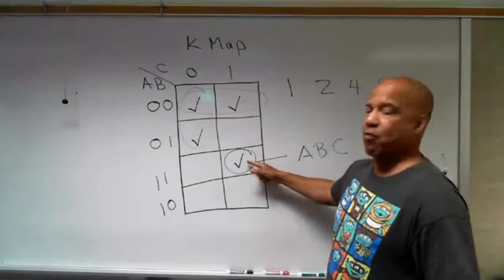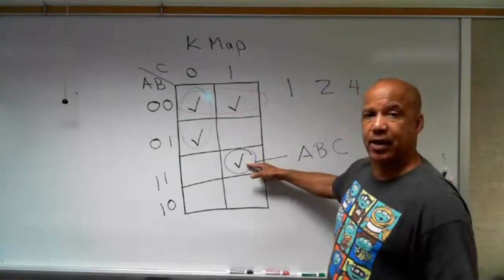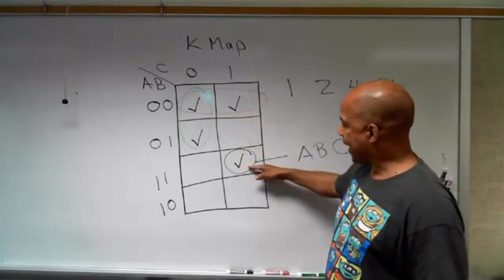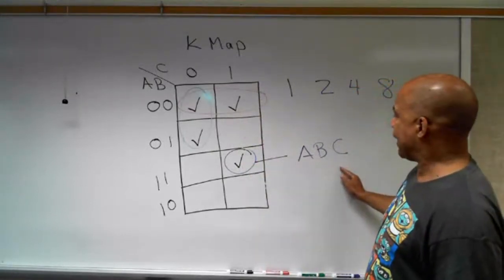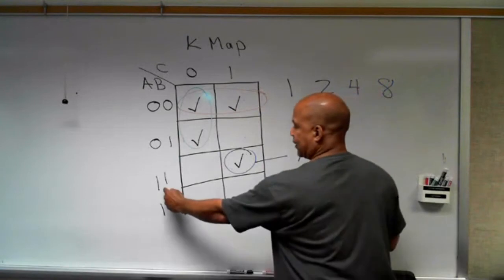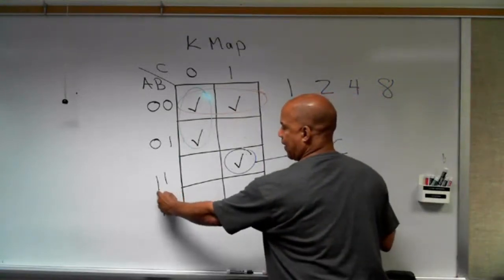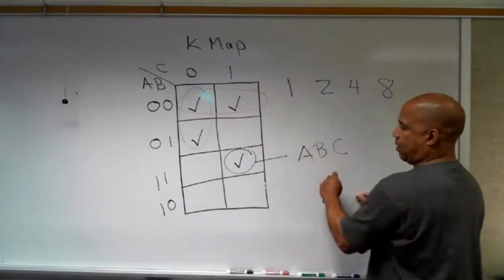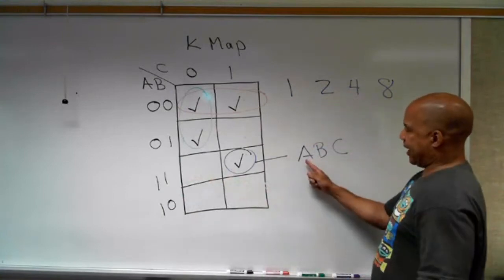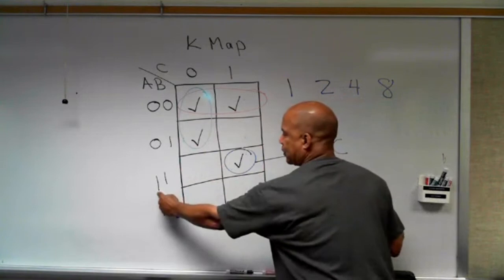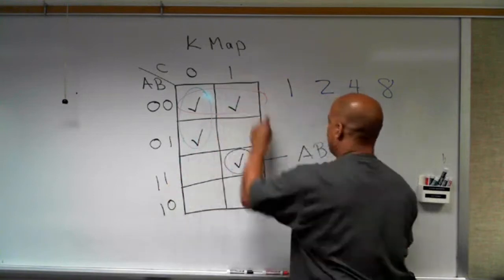The algebraic way of writing the term for this cell, each cell has a term, is like this: A, B, C. And what I do is I come over here and look to see if I have a 0. If I have a 0, then I'm going to not the variable. If I don't have a 0, it's unnotted. So right here I have A, B, C, and I see A is a 1, B is a 1, C is a 1.